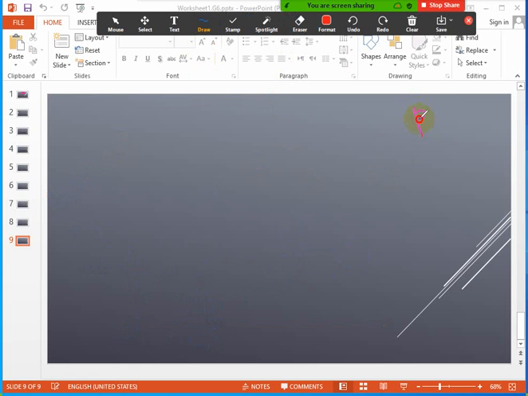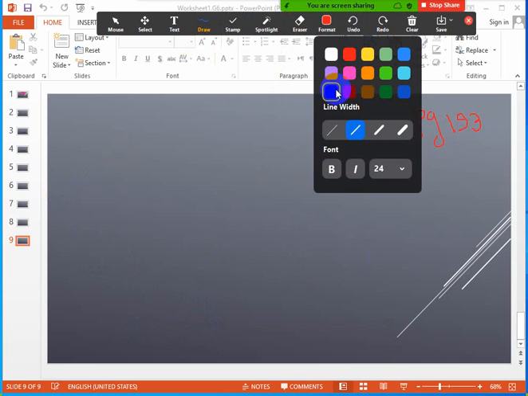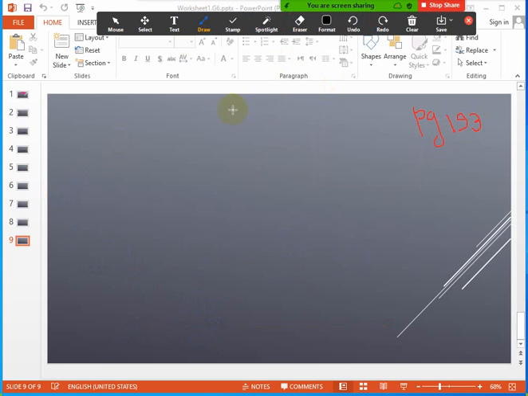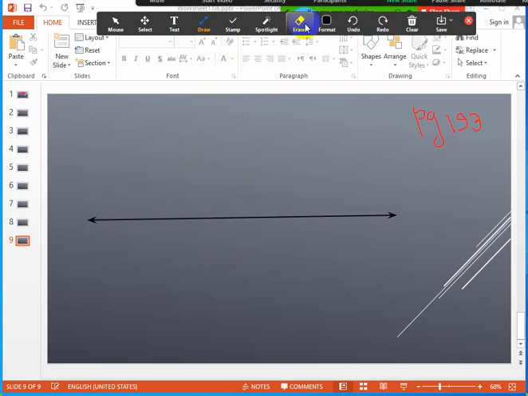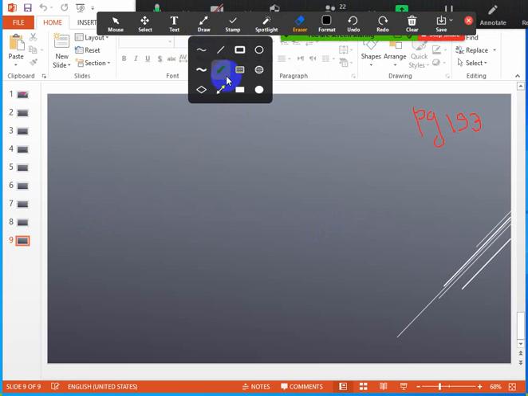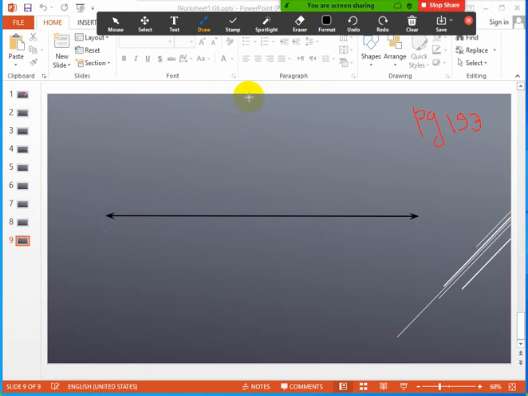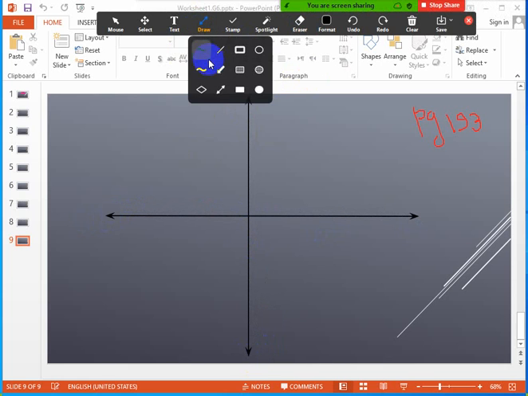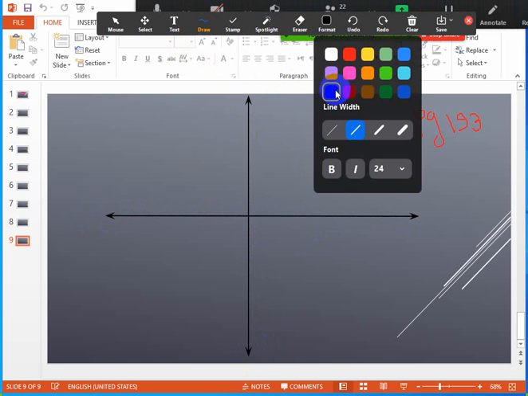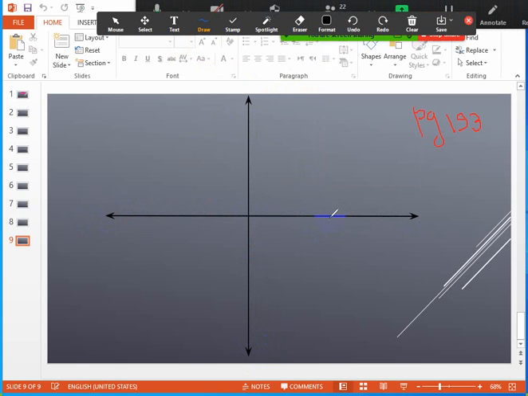Page 193. This is the page, and I want to draw the x and y to find the distance between those two numbers. This is x and this is y. Now let's locate the first. Here I have exercise 2.